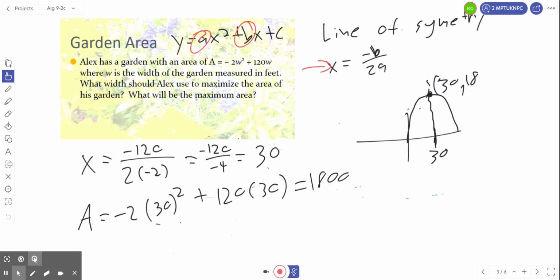So the answer here is 1800. You could also have solved this by putting this equation into a graph. Desmos would have worked great. But finding that axis of symmetry is going to allow us to find a maximum and a minimum, knowing that when the a term is negative, our parabola is upside down will help us know if we should be finding a maximum or a minimum. Let's take a look at the next problem, and then you guys can give it a try.